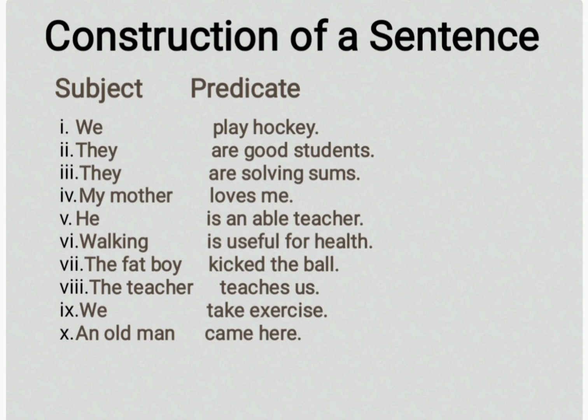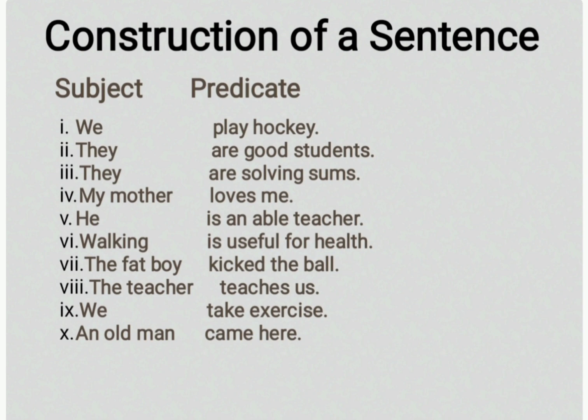In the next example, the fat boy kicked the ball. Here, the fat boy is the subject and kicked the ball is the predicate. In the next example, the teacher teaches us. Here, the teacher is the subject and teaches us is the predicate. In the next example, we take exercise. Here, the word we is the subject and take exercise is the predicate.